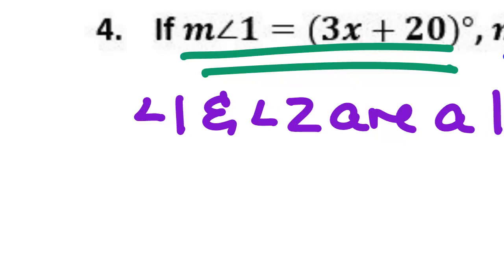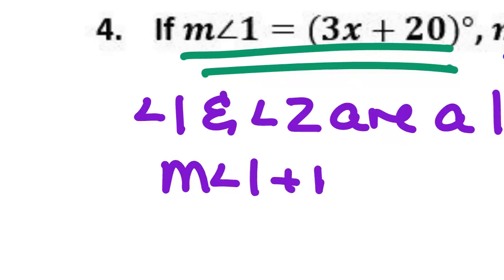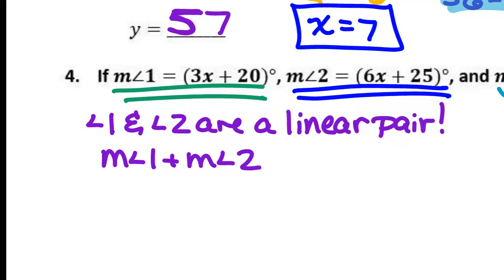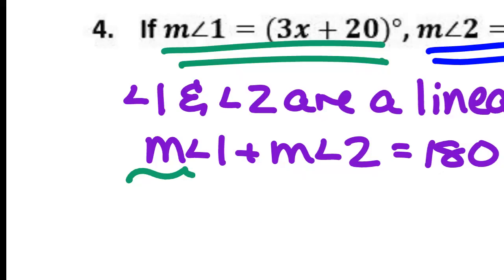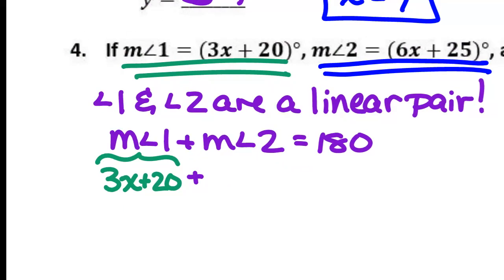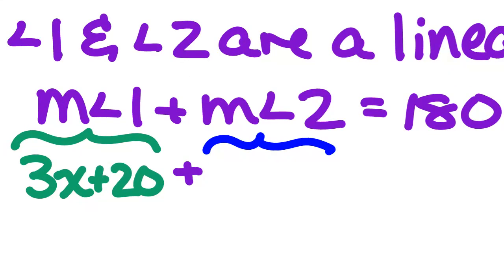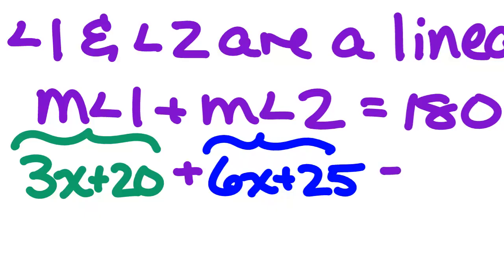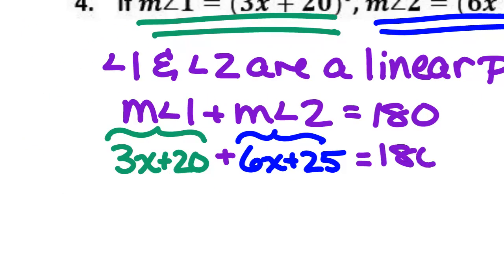So the measure of angle 1 plus the measure of angle 2 equals 180. In the place of angle 1, I'm going to put 3x plus 20. Plus, in the place of the measure of angle 2, we're going to put 6x plus 25. And then drop down my equals 180.